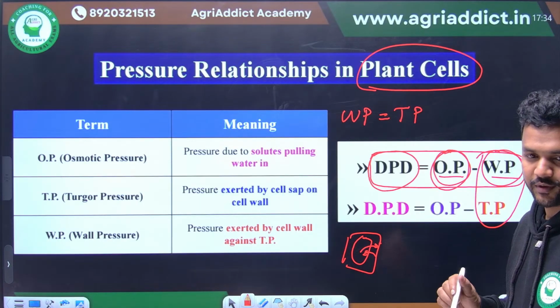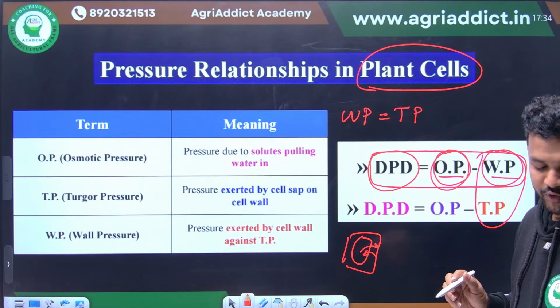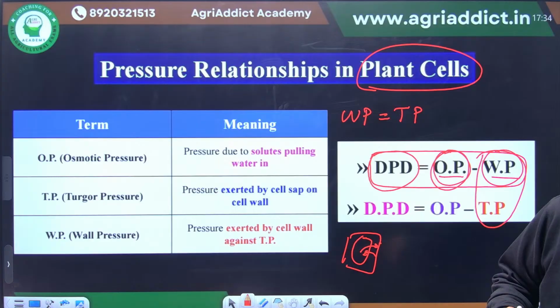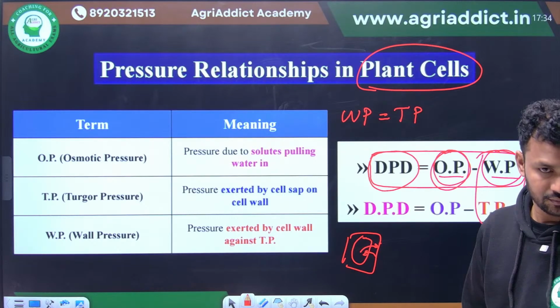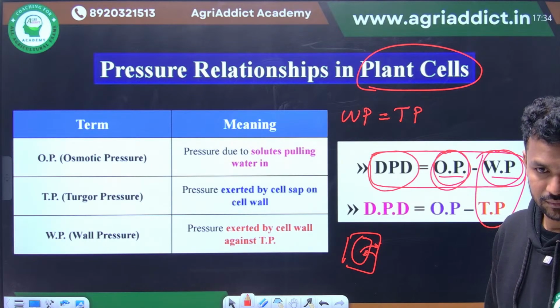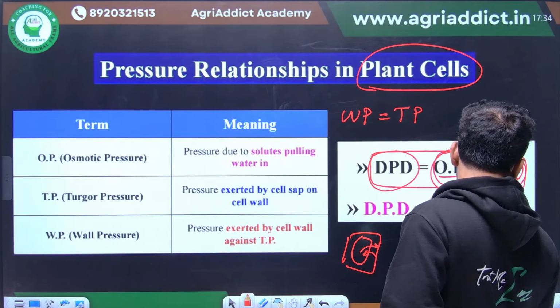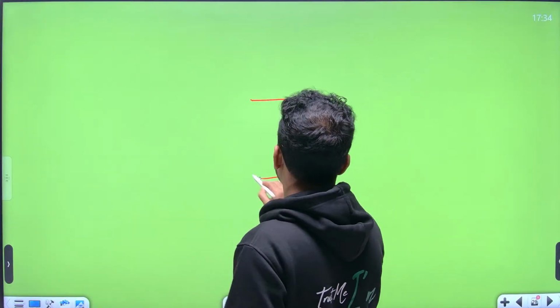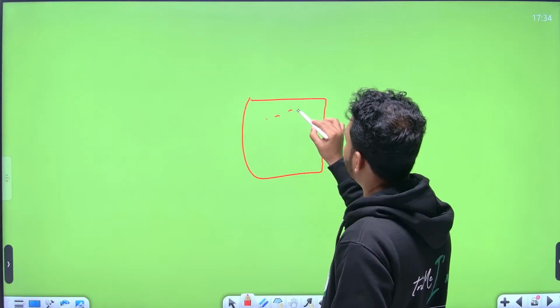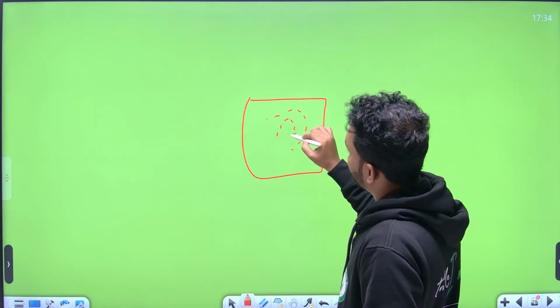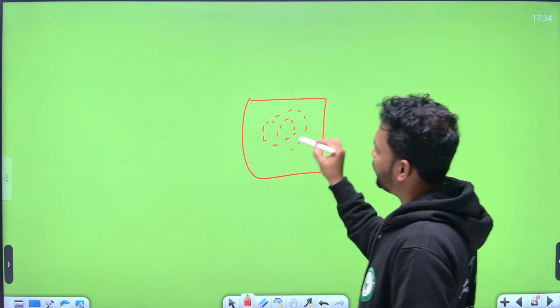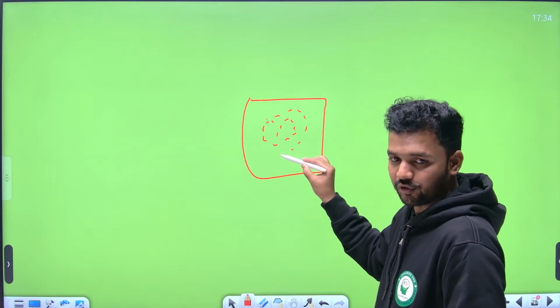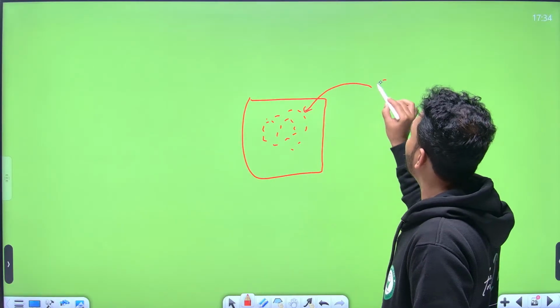Anyone, if someone can tell, I'm waiting. See, what happens in a plant cell, or any system where solutes are present: the more the solute, the more the entry of water will be.